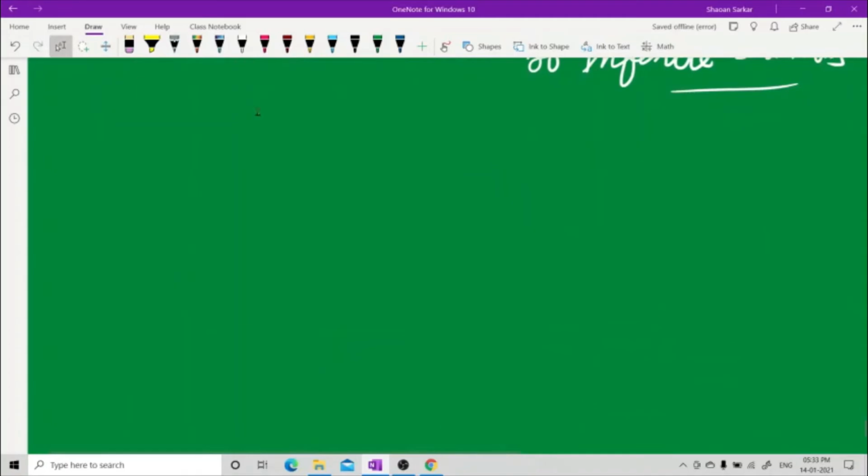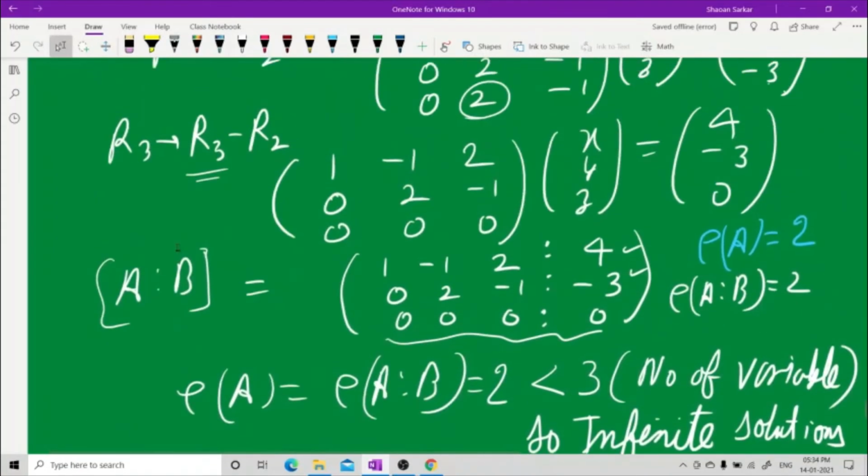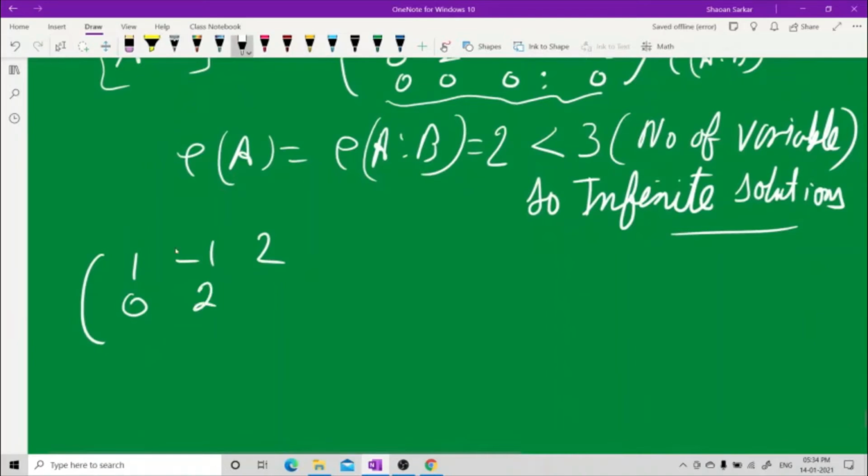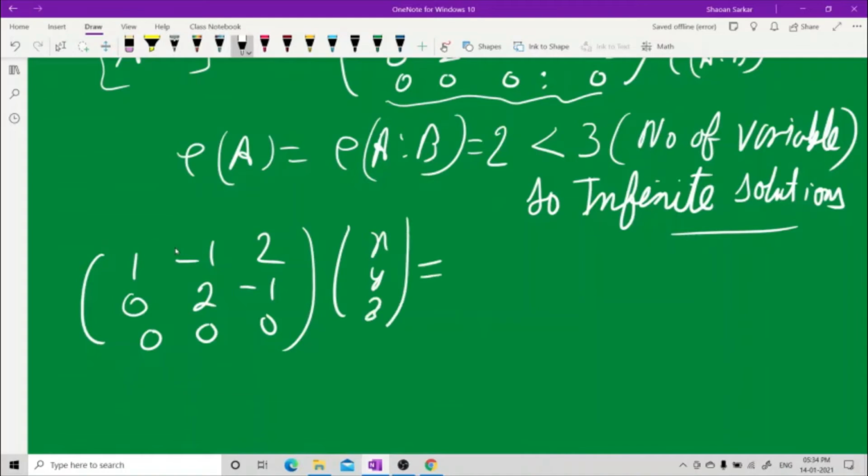Now see, what you have got is 1 minus 1, 2, 0, 2 minus 1, 0, 0, 0. You have your x, y, z, and then you have 4 minus 3 and 0.